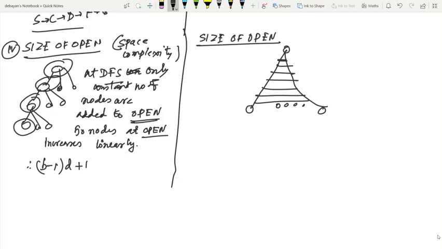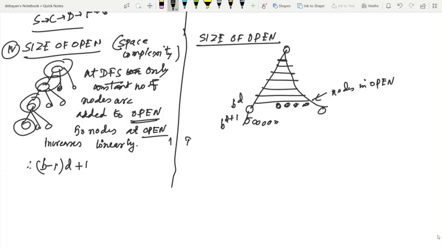In BFS, the nodes in open are half from the B to the power D level and half from the B to the power D plus 1 level. That can be the maximum number of nodes in open, in the worst case.